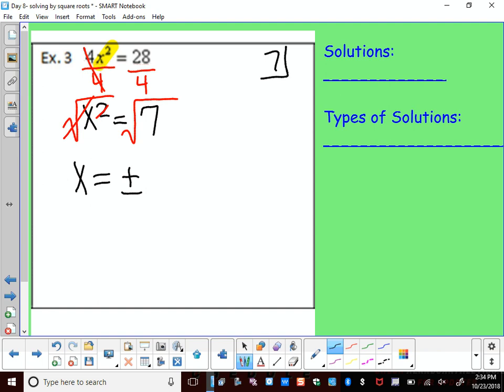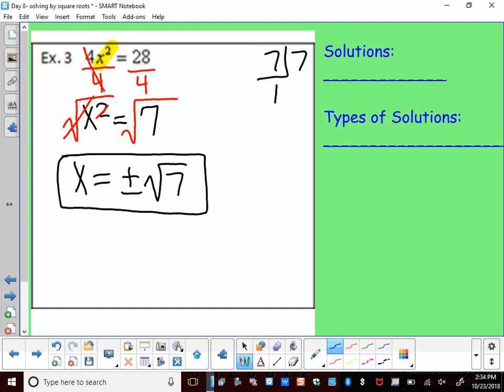If I go to the corner and try to reduce it, I don't have any pairs. So it just stays the square root of 7. So my solution would be x equals plus or minus root 7.